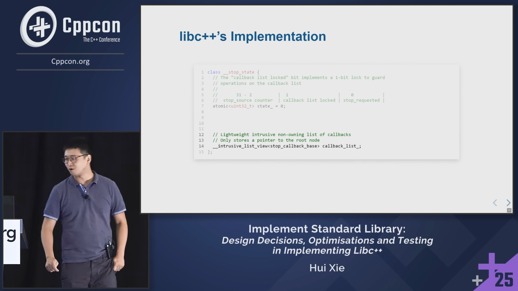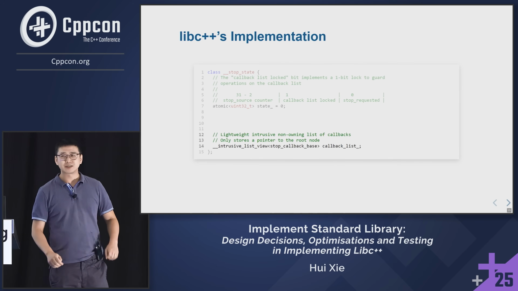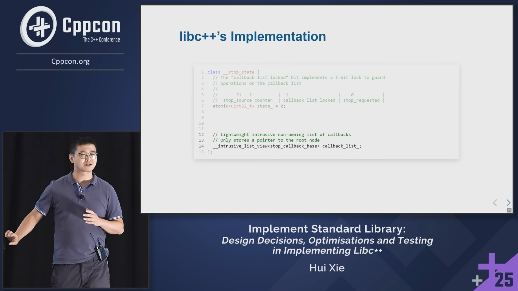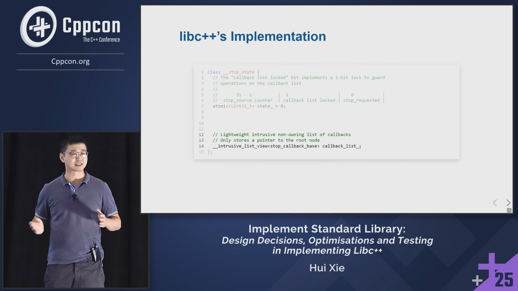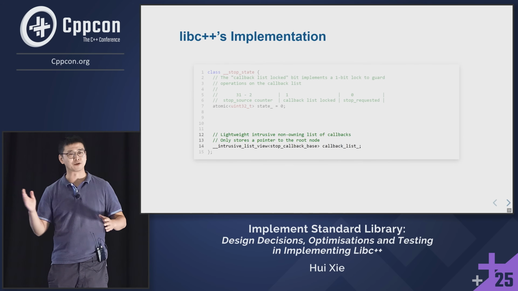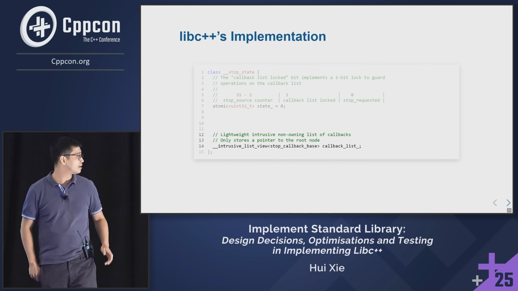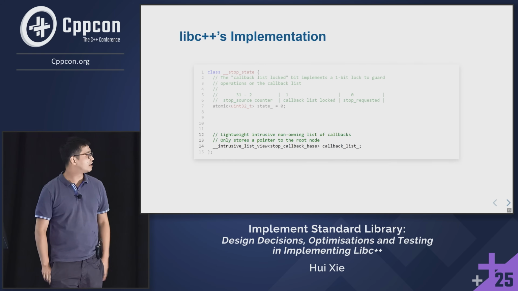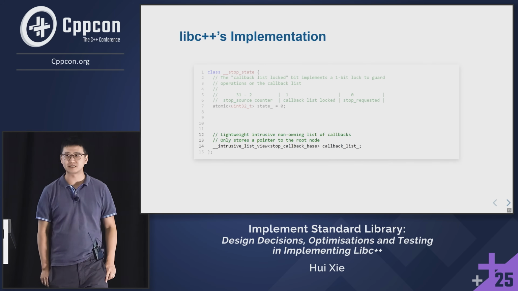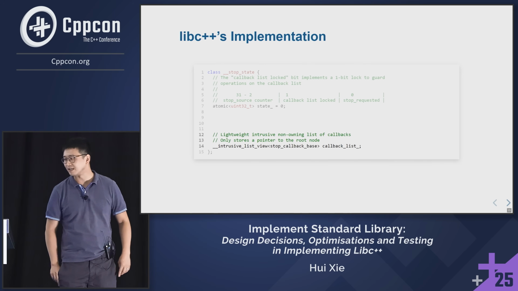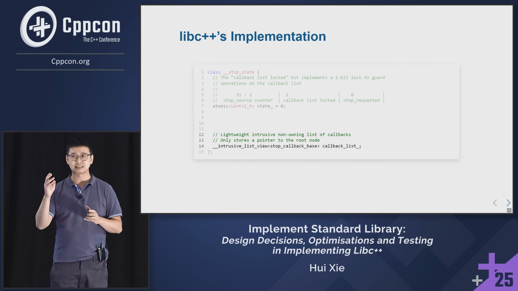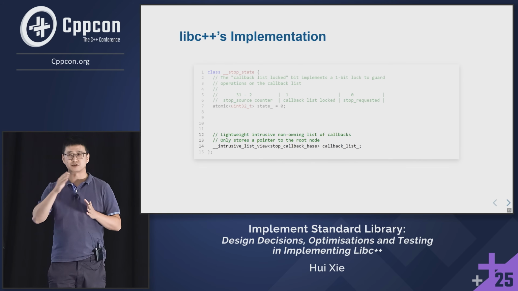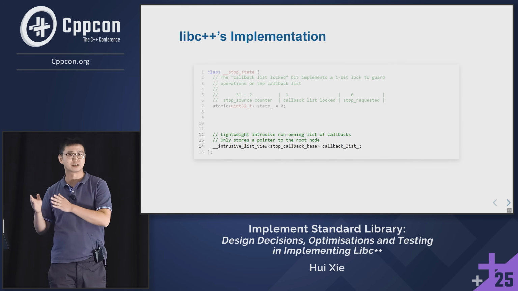And now for the stop callback. Because we don't really own these callbacks, the actual user who creates them owns them, we don't need a std::list to allocate all the memory. In libc++, we have a very lightweight thing called intrusive list view. It is just a lightweight view on the list, and under the hood it just stores a pointer to the root node.